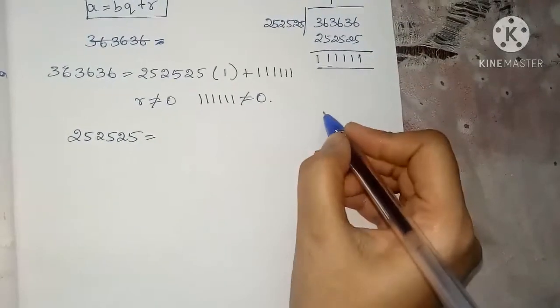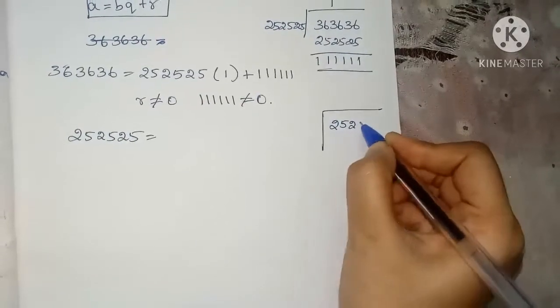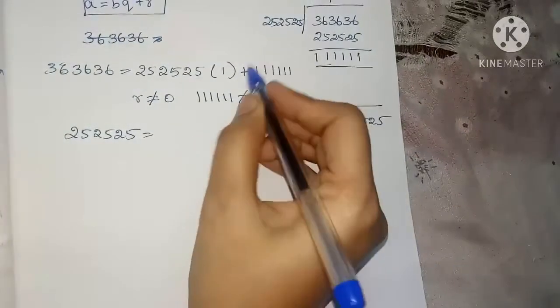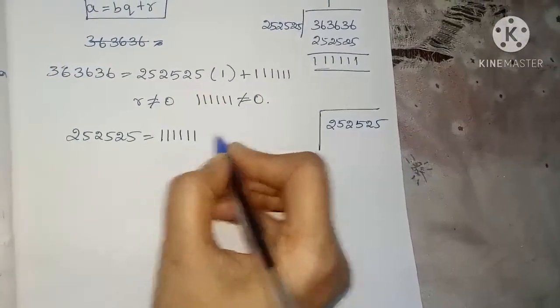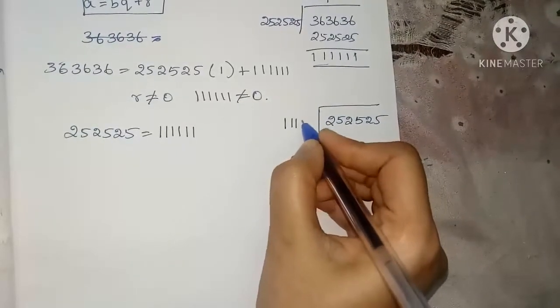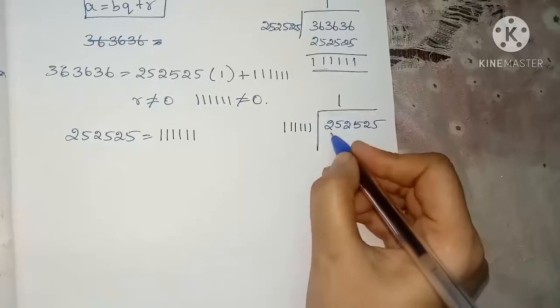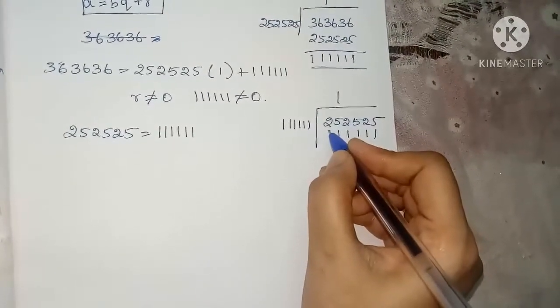252525 is equal to, write your remainder as your divisor, 111111. So 1 time, 2 times also.